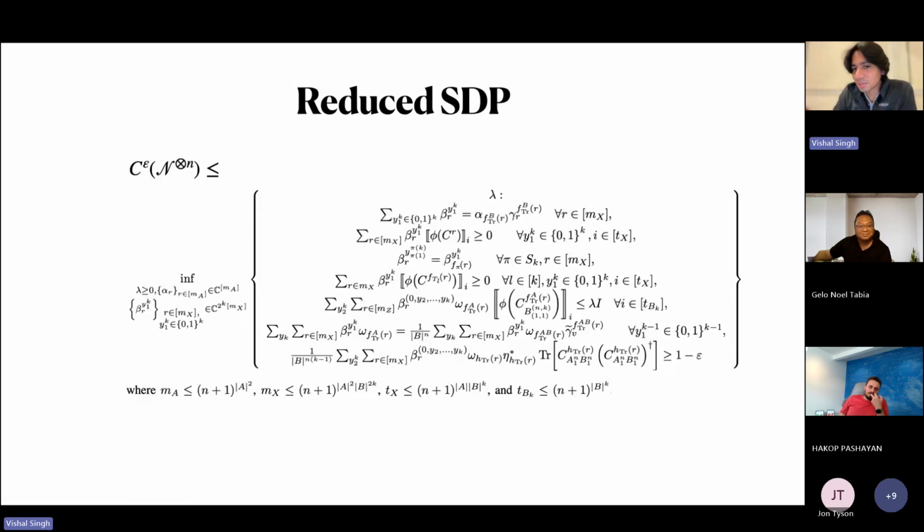It's not quite a linear program, because there are still some operators in there, but it's very close to a linear program actually. What we see is basically the parameters of interest are the ones listed at the bottom, M_A, M_X, T_X, and T_B, and they're all polynomial in the dimension, polynomial in n, but super exponential in k. So it scales very badly with k, but it scales polynomially in n. So we can officially say that it's efficiently computable in n, right?